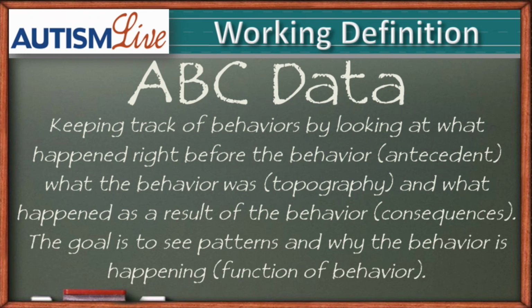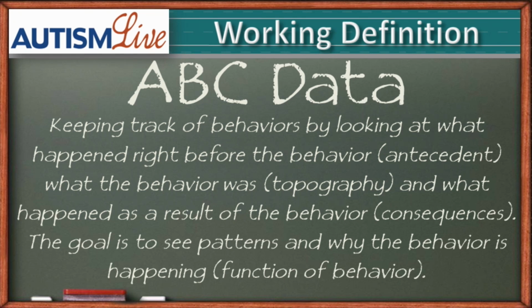So it's the ABC: antecedent, behavior, consequence. The goal is to see patterns and why the behavior is happening, which the behaviorists call the function of the behavior. Okay, so anybody can take ABC data.